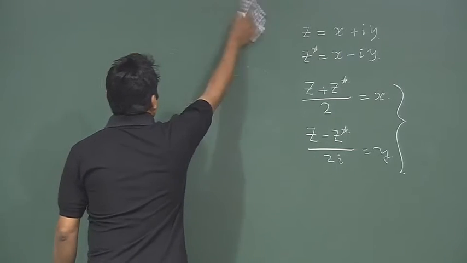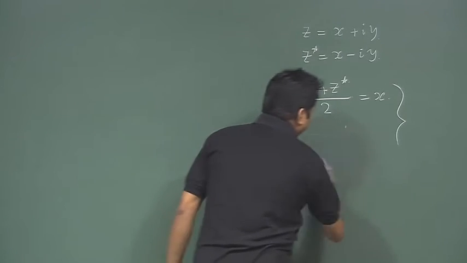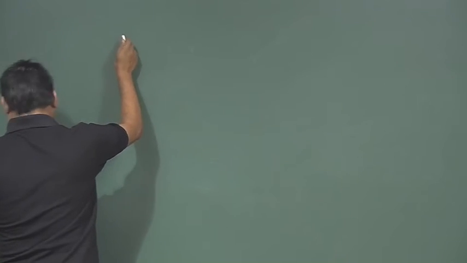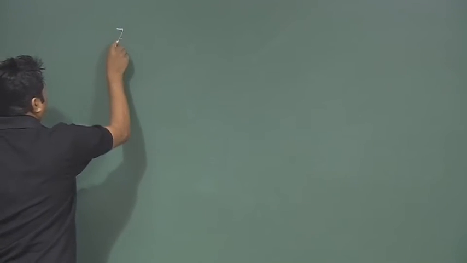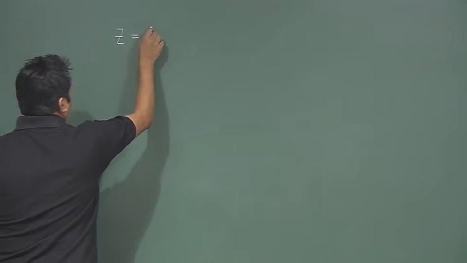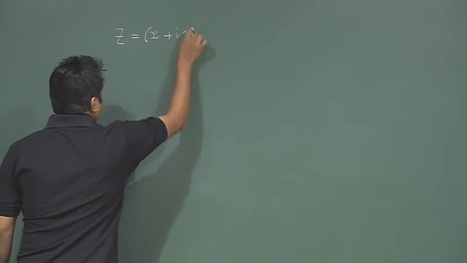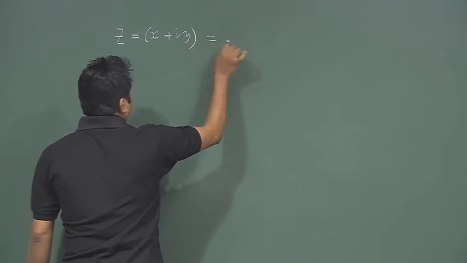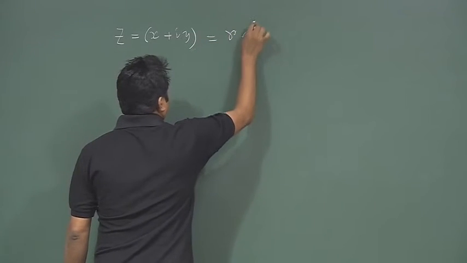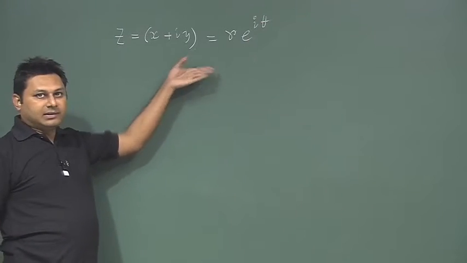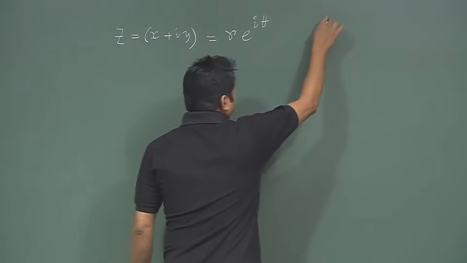Okay. Now, the next thing which is important: if I represent a complex quantity z, which is say x plus i y and which is r e to the power i theta, I represent this as usual.